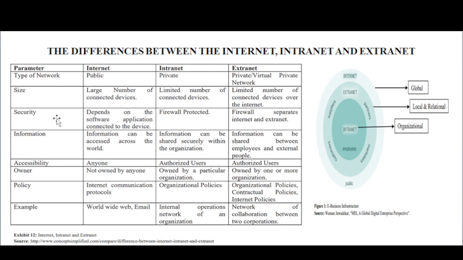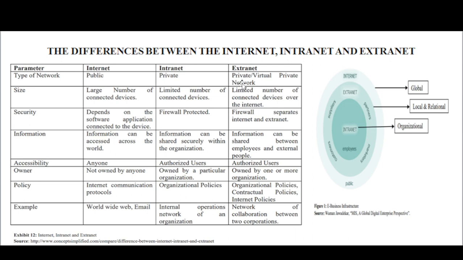Then the differences between the internet, intranet and extranet. So this table compares the characteristics of internet, intranet and extranet networks across various parameters. So the first parameter is types. The internet is a public network accessible by anyone globally. Then intranet is a private network limited to an organization or specific group.